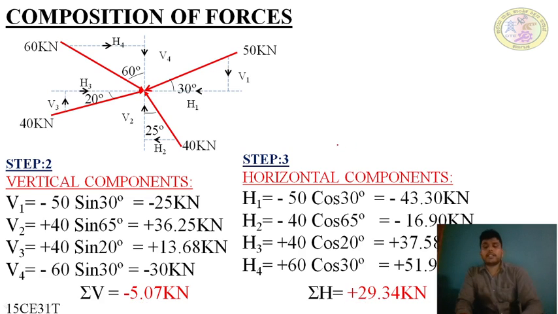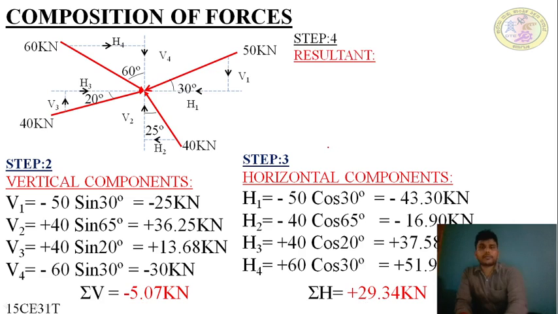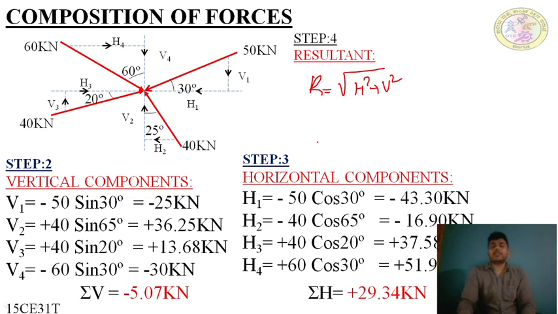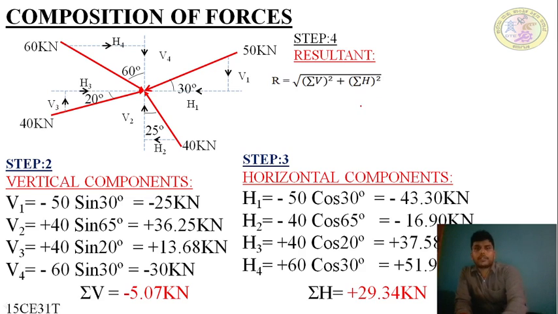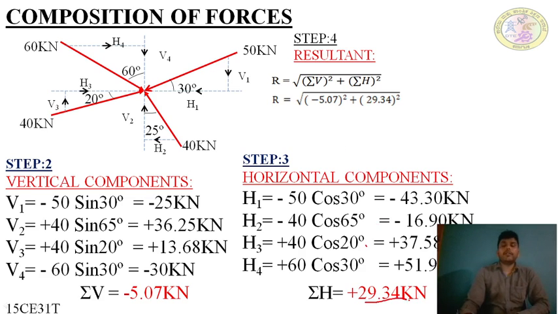Now we will calculate the resultant. The resultant formula is the square root of sigma h square plus sigma v square. Sigma v is minus 5.07 and sigma h is minus 29.34, which we have calculated below.